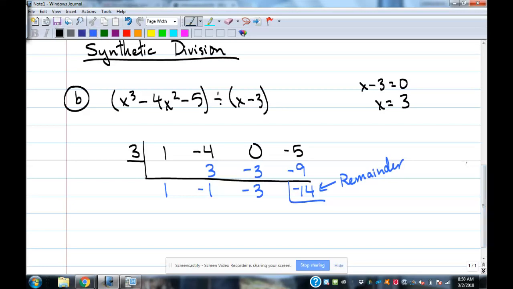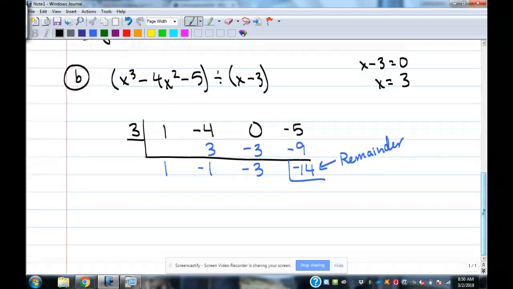All right. Now, what does that mean as far as a polynomial? Well, anytime you divide a cubic polynomial by a linear polynomial, it's x cubed divided by x, so it reduces the power by 1.